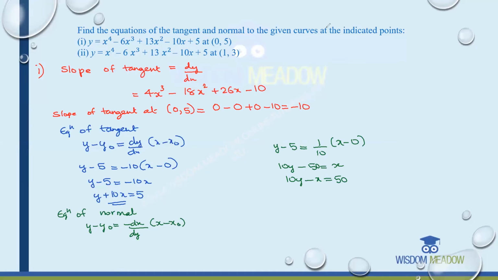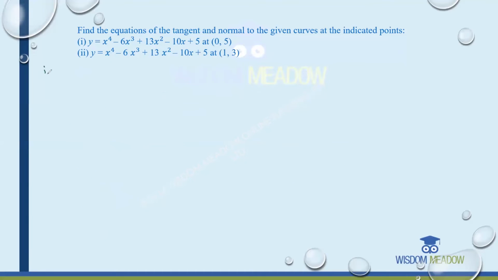Similarly, doing the second part, again I find the slope of the tangent. That is dy by dx. The derivative of x raised to 4 is 4x cubed, 6x cubed gives minus 18x squared, plus 13x squared gives 26x, the derivative of -10x is -10, plus the derivative of 5 is 0.